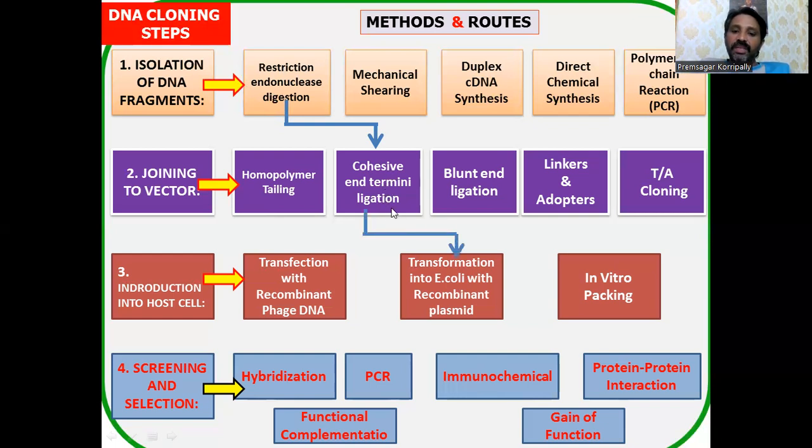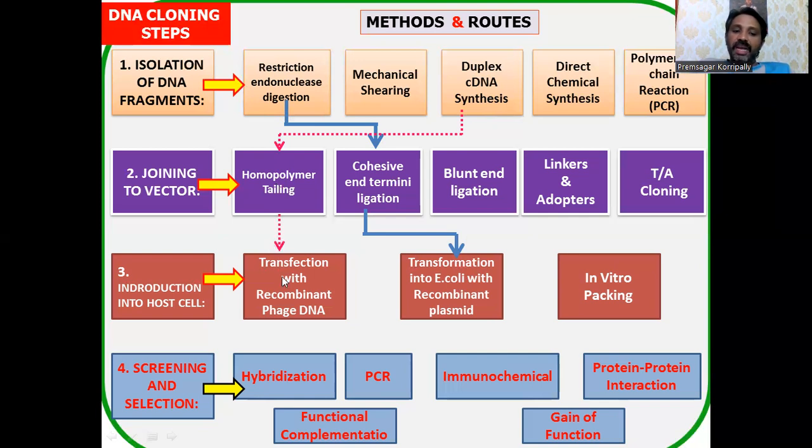The cohesive termini can be ligated with the cohesive vector, and you can go for transformation into E. coli. And if you have duplex DNA with blunt ends, you can do homopolymer tailing, then you can go for joining of the vector.